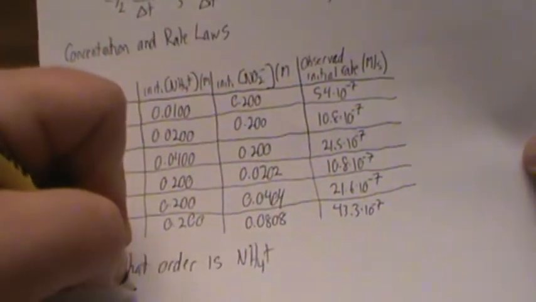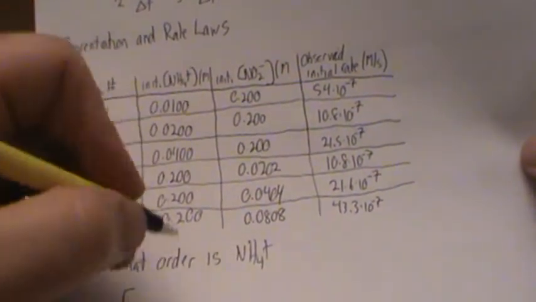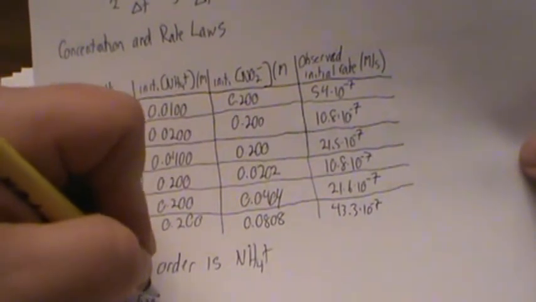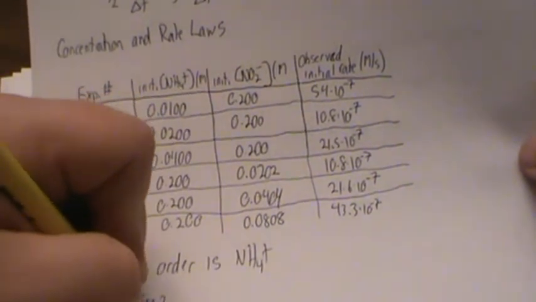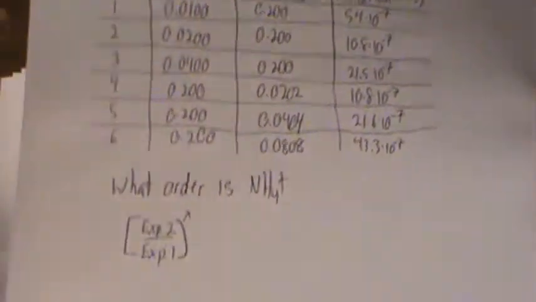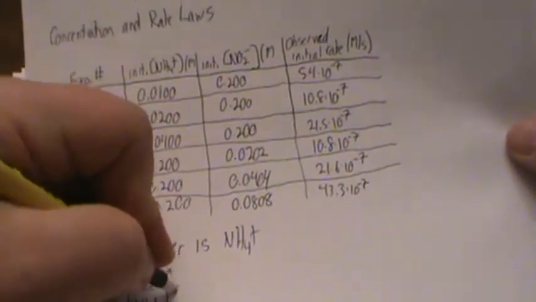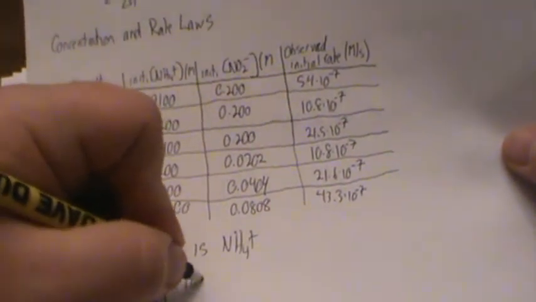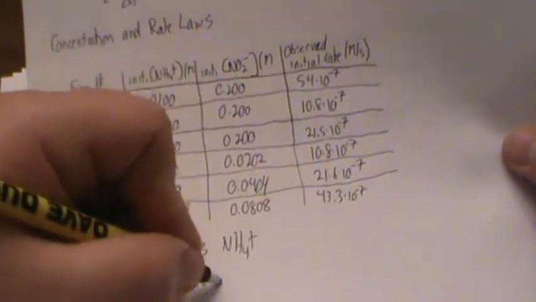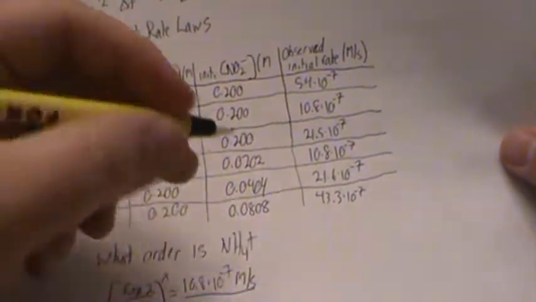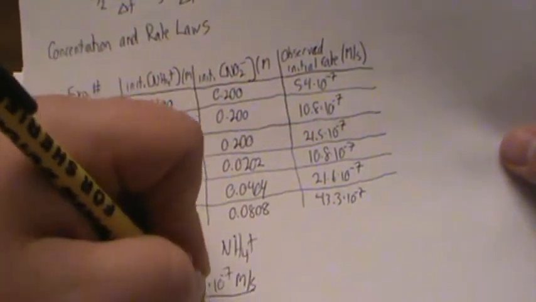So the way that we find it is we're going to take the ratio of experiment 2 over experiment 1, to the x, figure out its power, and that's going to be equal to the ratio of our observed initial rates. So 10.8 times 10 to the -7th molar per second over 5.4 times 10 to the -7 molar per second.